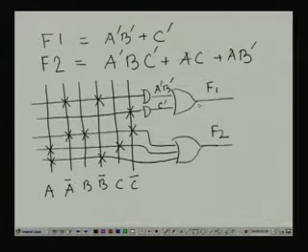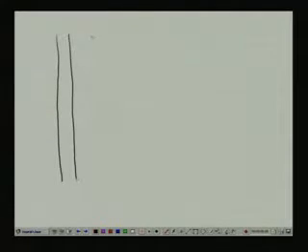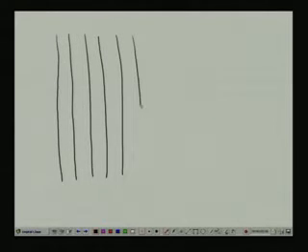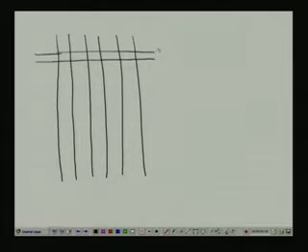So, if we draw again, then actually earlier we have 3 input variables. From there we have realized F1.